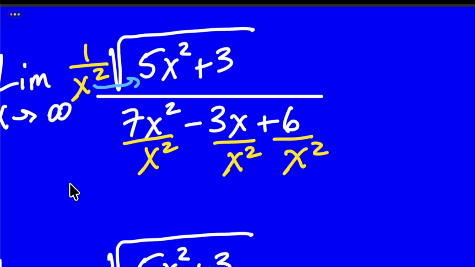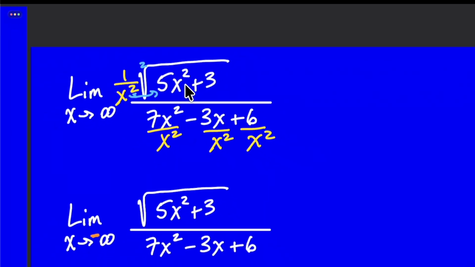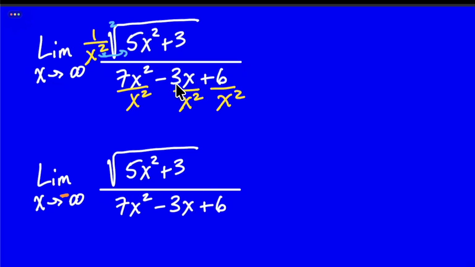Now, of note, this is an even power going into an even radical. So we do not need to worry about inserting an extra negative out here, even if we're going to negative infinity. If you have an even exponent going into an even root, no need to worry about adding that extra negative sign.